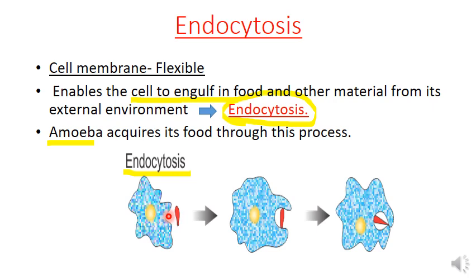When the cell reaches near its food material, the cell invaginates. The cell changes its shape. You can see that one part of the cell membrane just invaginates and the food material is taken into that invaginated part.